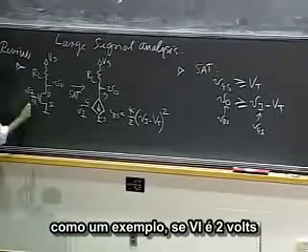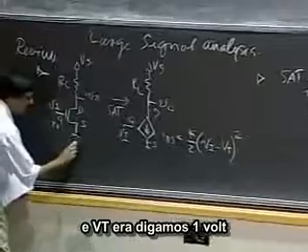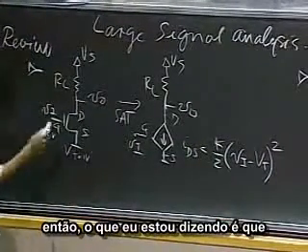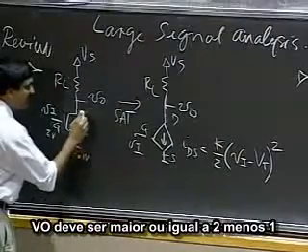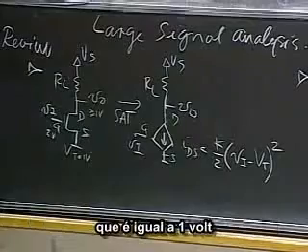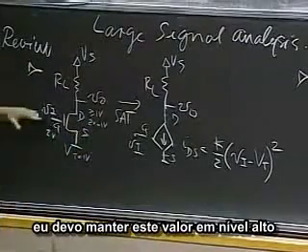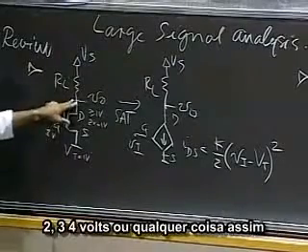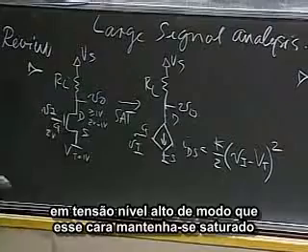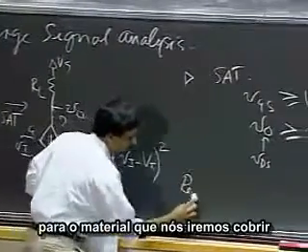As an example, if Vi was 2 volts and Vt was, say, 1 volt, then V naught should be greater than or equal to 2 minus 1, or 1 volt. So I need to keep this high, 2, 3, 4, 5, whatever, a high voltage, so that this stays in saturation.